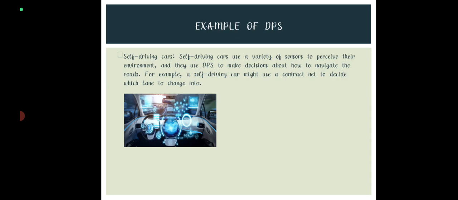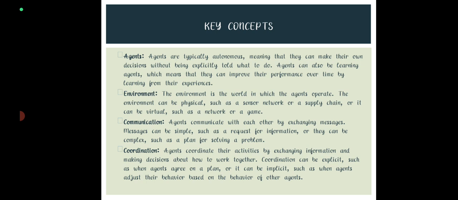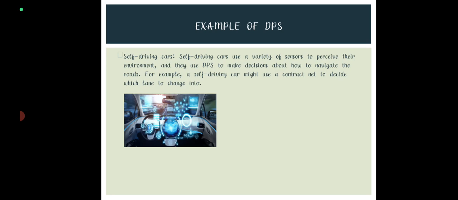Next, we discuss examples of distributed problem solving. We discussed that agents are autonomous, meaning that they can make their own decisions without being explicitly told what to do. Learning agents can also improve over time. So this is an example of DPS: a self-driving car.